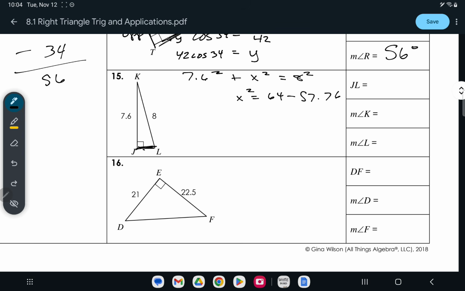So 64 minus 57.76 is 6.24. And the square root of that, 6.24, is 2.497. So we can round that to just 2.5.